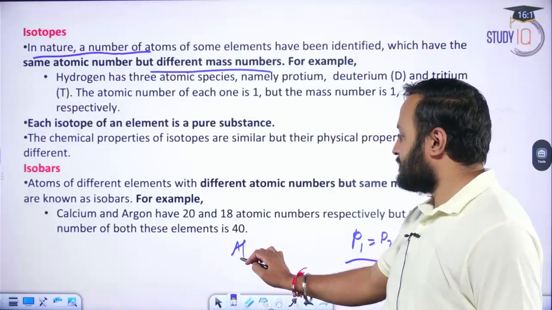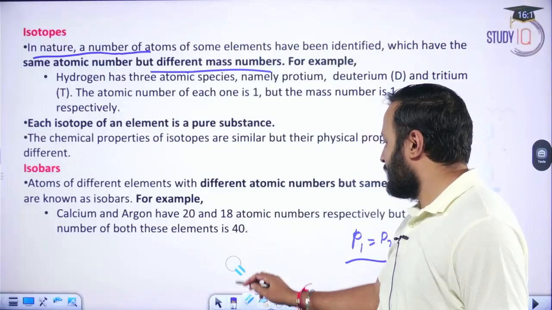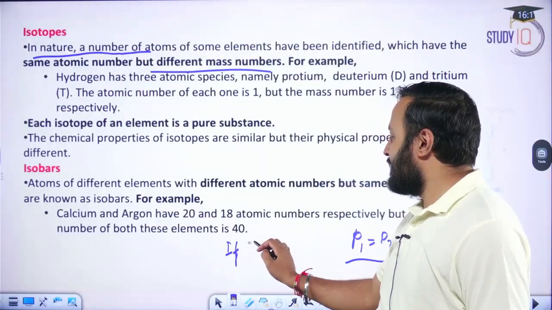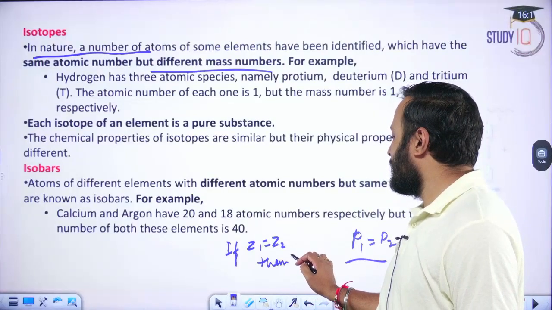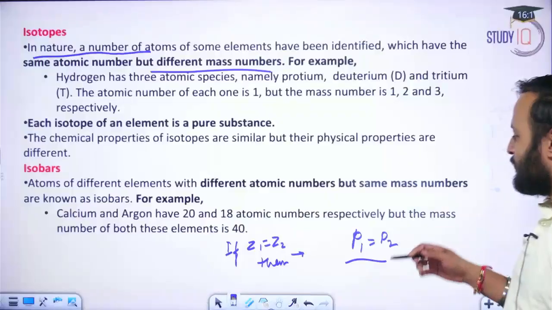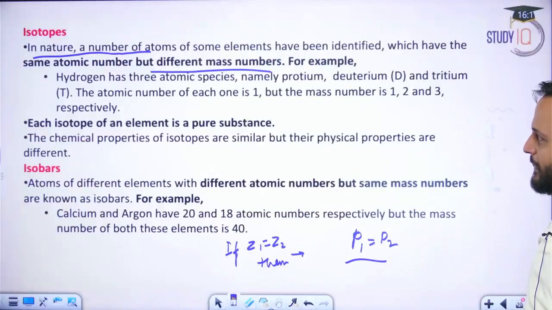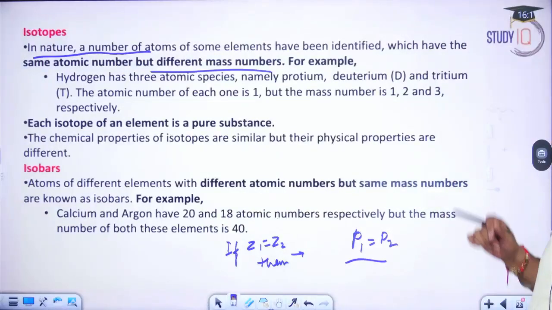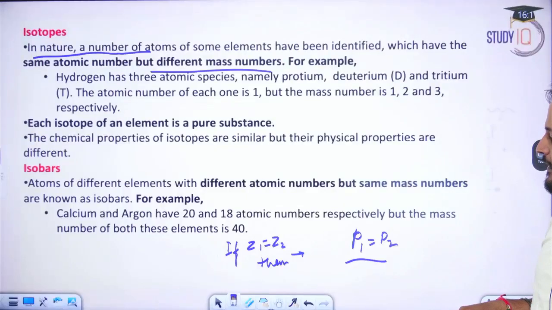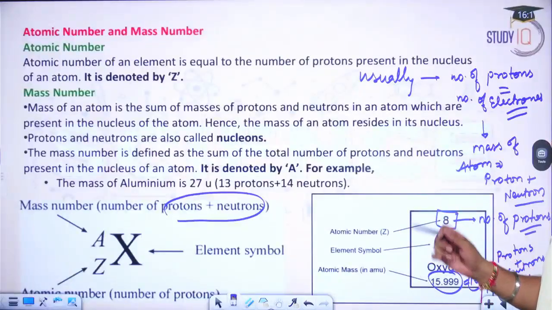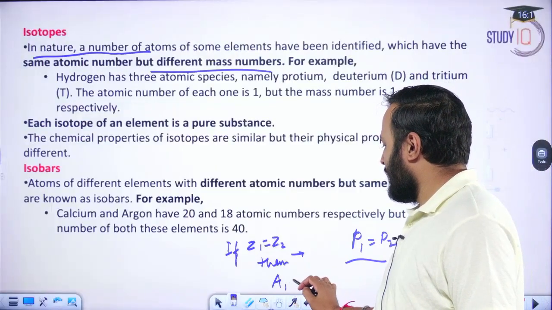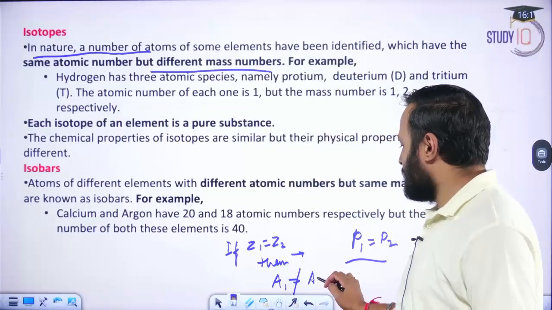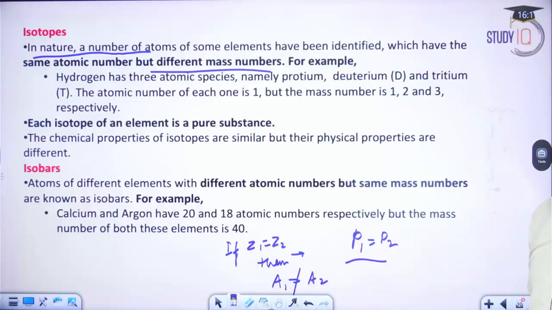If Z1 is equal to Z2, then proton 1 is equal to proton 2. Got it, everybody? However, if we talk about the mass number is different, A1 is not equal to A2. Mass number is different. Then what happens, my dear?